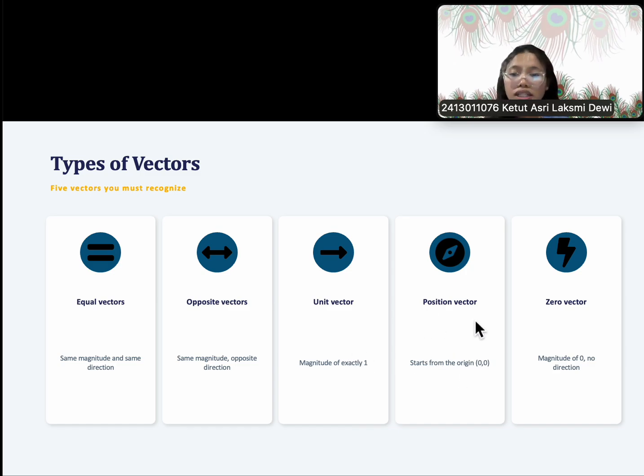And the fourth is the position vector, which always starts from the origin point (0, 0). And the last is the zero vector, which has no magnitude and no direction at all. Understanding these 5 types will help us to recognize vectors more easily in different mathematical problems.